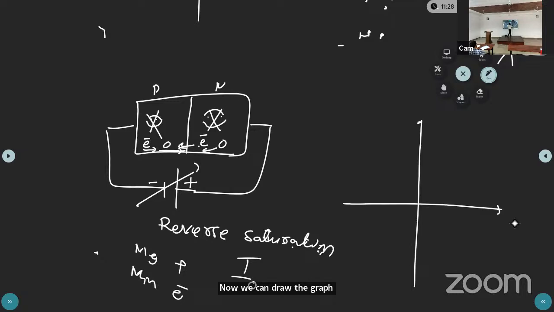Okay, now we are drawing the reverse bias VI characteristics. Reverse bias VI characteristics. Now, where will we draw the graph? Tell me.